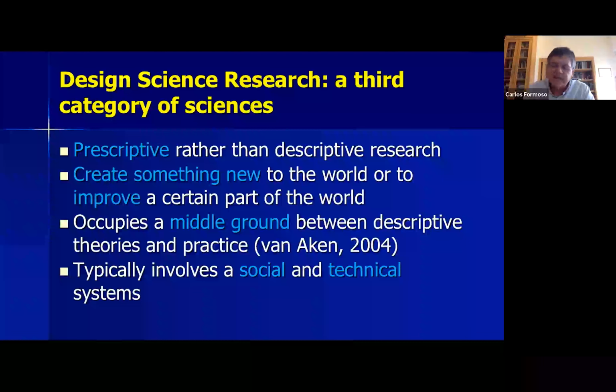Another characteristic of design science research, differently from the natural sciences and the social sciences, is that it usually involves a combination of social systems and technical systems, right? Natural sciences are the sciences of things, of understanding things in the universe.